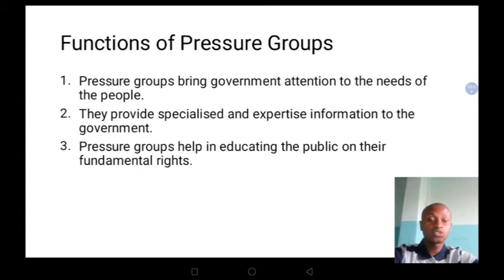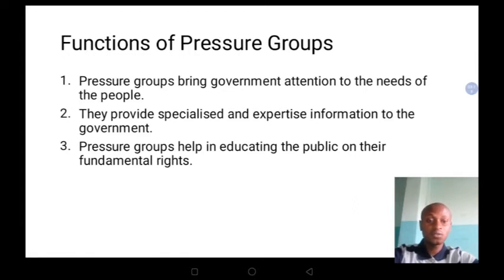And they also offer specialized expertise information to the government. For example, we have Nigerian Medical Association, NMA, which is a professional association made up of medical doctors. Now, they have all it takes to offer good advice to government on how to improve our public health.